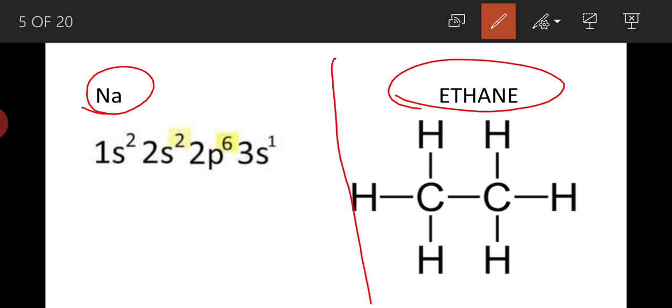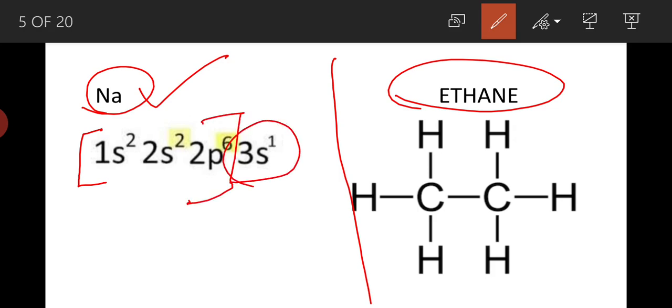First let us see sodium. Its electronic configuration is 1s2, 2s2, 2p6 and 3s1. Till here, 1s2, 2s2, 2p6 is a completely octet configuration. The electrons present in the octet configuration will not participate in any process, whereas we have one free electron, 3s1.